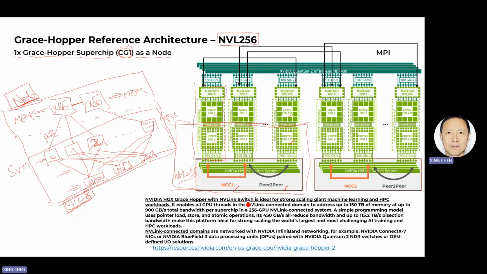For Grace Hopper, things have changed. Here, you can see very clearly that this NVL256 domain is crossing nodes. So this NVL256 domain is connected to 256 nodes.